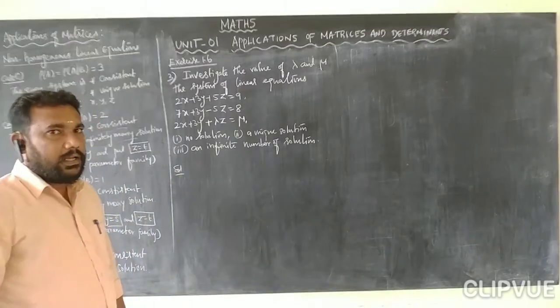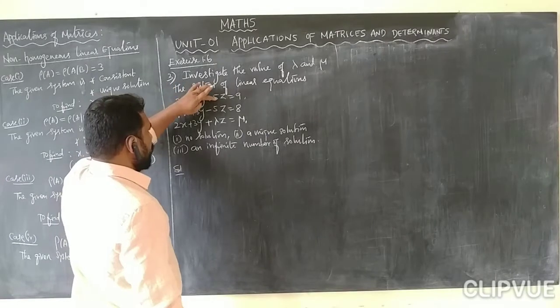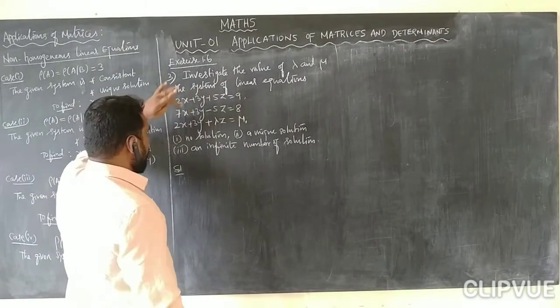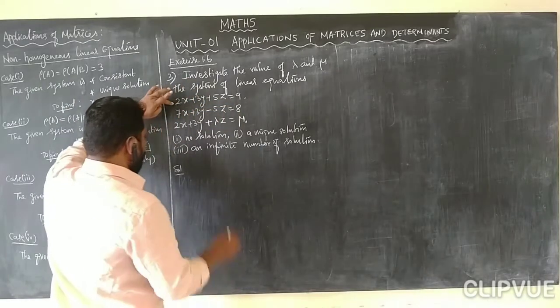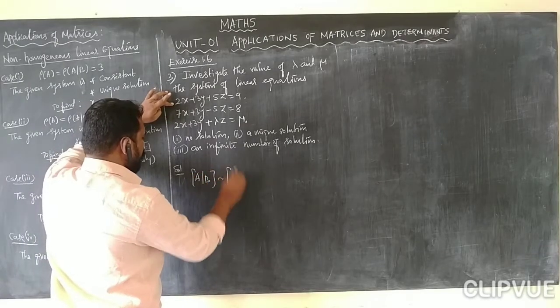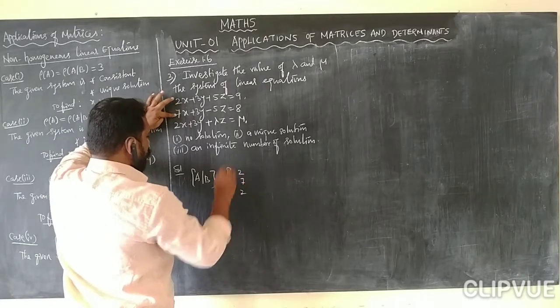First, the augmented matrix: 2x plus 3y plus 5z equal to 9, 7x plus 3y minus 5z equal to 8, 2x plus 3y plus lambda z equal to mu. First, [A|B]. Coefficient of x values: 2, 7, 2.